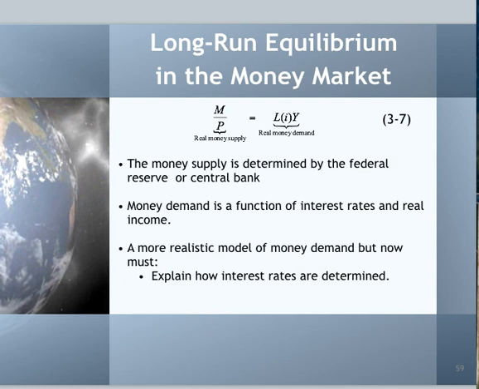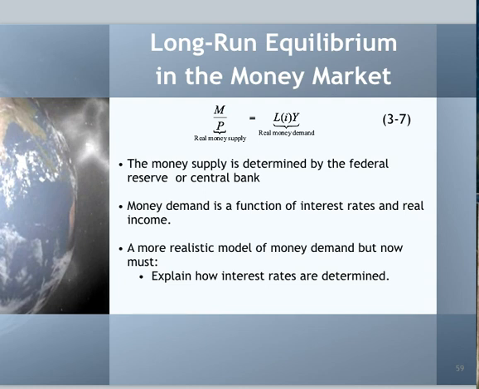And this makes sense, because if interest rates were extremely high, you would probably be a little less likely to pull money out of savings or out of your deposits in order to engage in transactions and buy goods and services in the economy, correct? After all, you'd be losing a lot of money if the bank was willing to pay you a lot to keep your money in the bank account. So it does impact transactions, and so it does impact money demand.